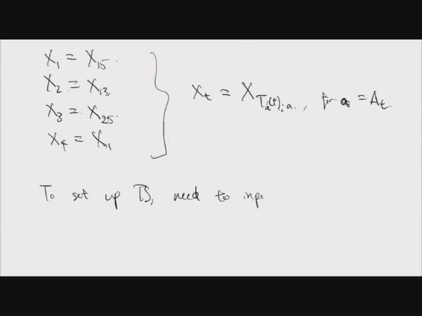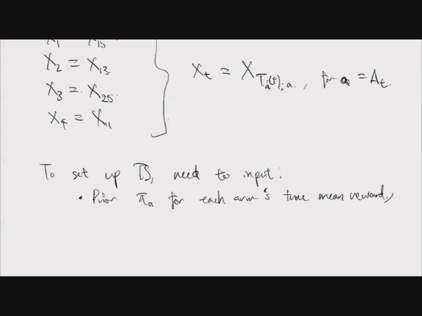We need to input the prior, pi_a, for each arm. More precisely, this is going to be a prior for each arm's true mean reward, mu_a.